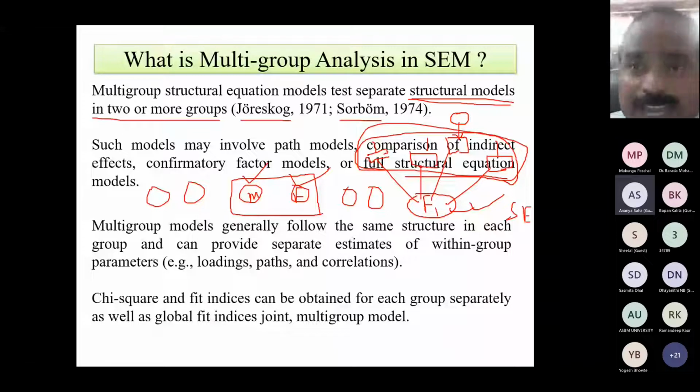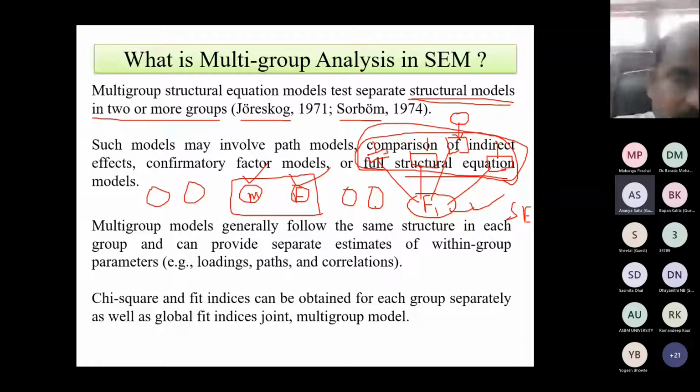If you win in the test, we can say the measurement is similar. If you fail, the measurement is done differently for male and female. I hope it is clear, and whatever I have explained is written here.